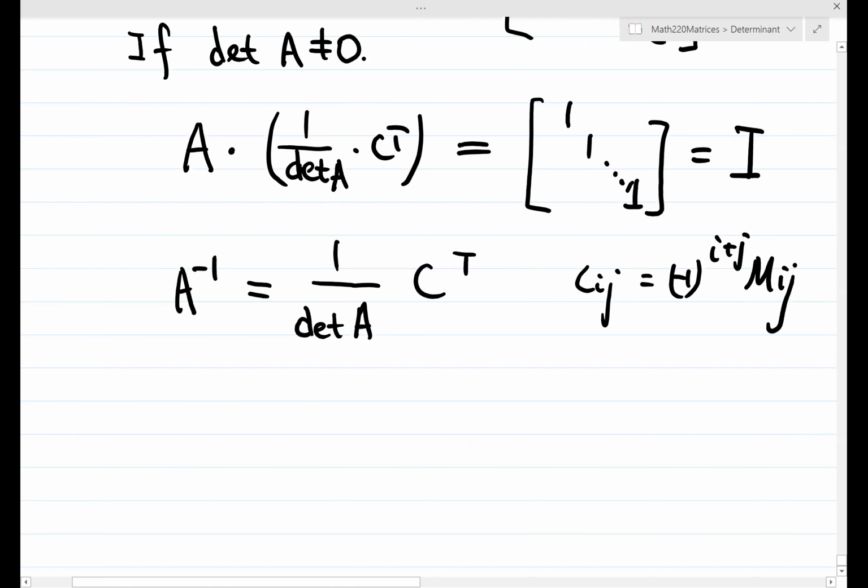Remark. If A is large, we need to compute a lot of cofactors. This turns out to be really expensive computationally. Cramer's rule is computationally expensive for large n.